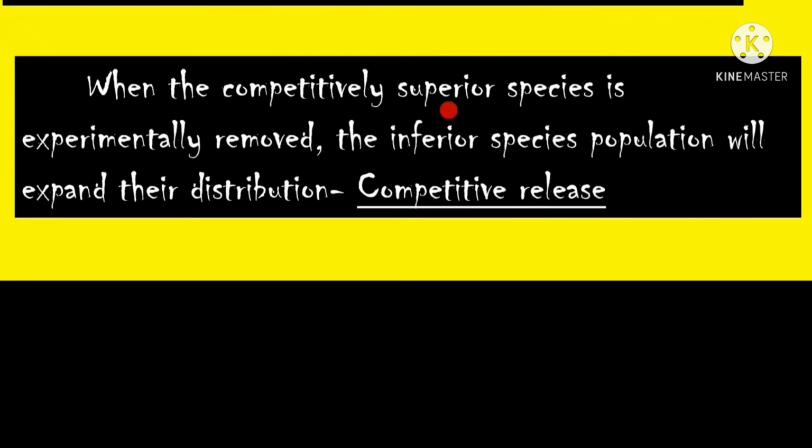Now, when the competitively superior species is experimentally removed, like for example the Balanus barnacle is removed, then the inferior species population will be able to expand their distribution. So, if the superior species is removed, the inferior ones will be able to expand. Then the terminology used is competitive release.